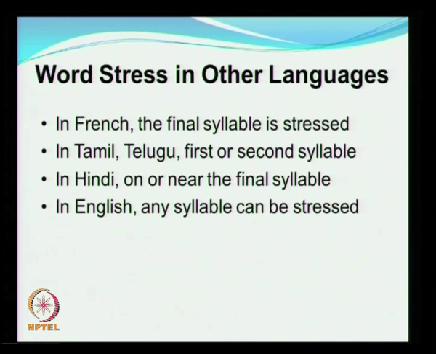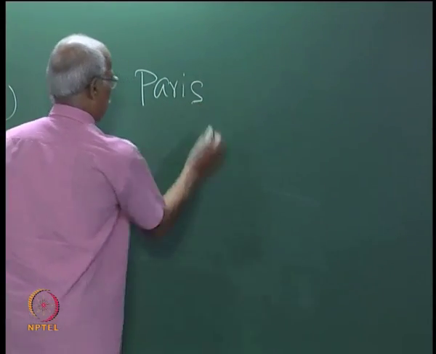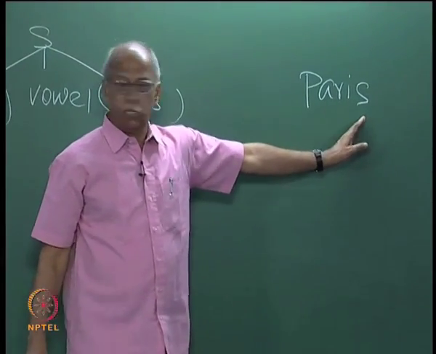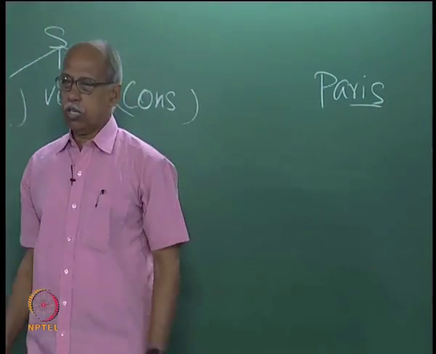Now, if you compare English word stress with other languages, say for example, a language like French. In French, it is always the last syllable. So, they pronounce Paris. Okay?